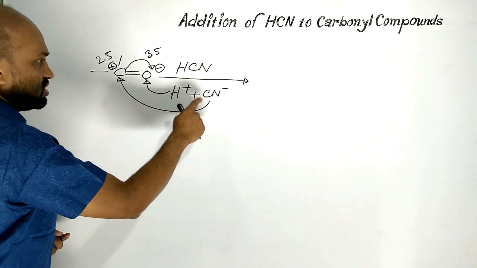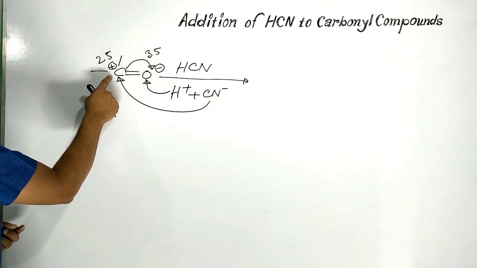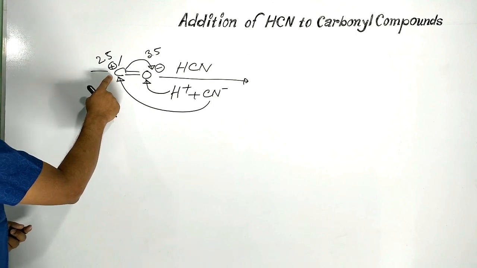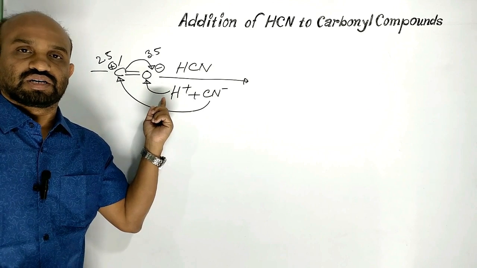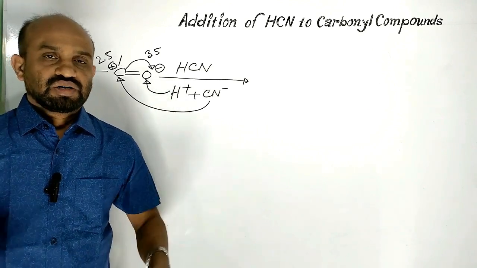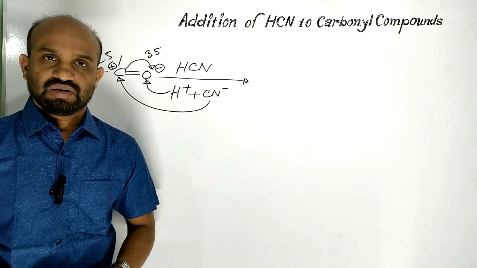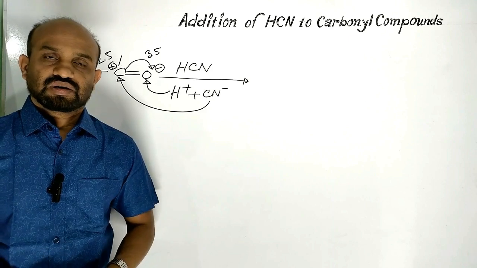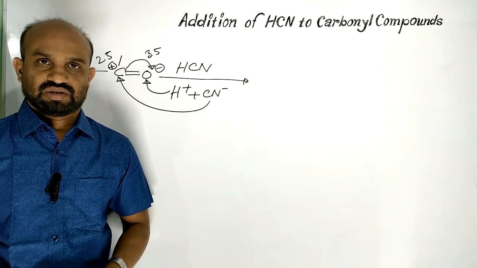That is why nucleophile combines first to the positively charged carbon, and then electrophile combines with negatively charged oxygen. For the reason of high electronegative atom oxygen, it is said carbonyl compounds give nucleophilic addition reaction.